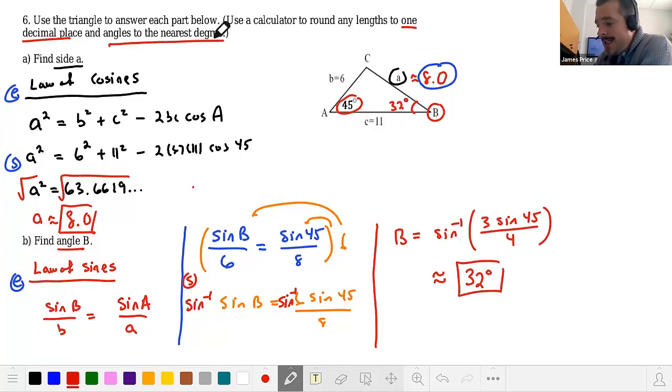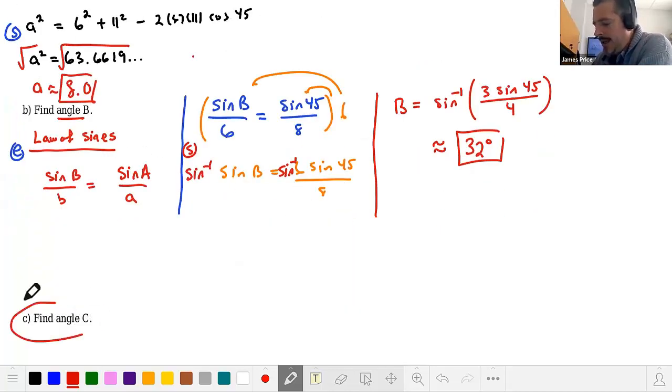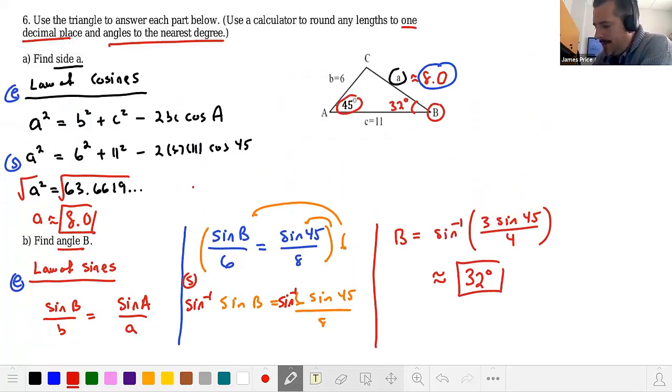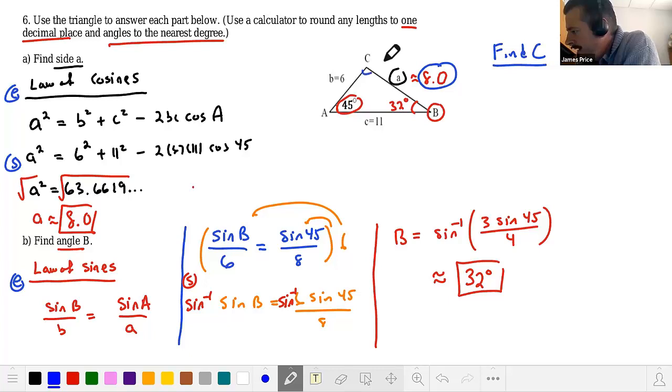And then finally, to find our last part, which is angle C, I'm going to do that up here, guys, so we can kind of keep the picture on there. So to find C, you're going to find that angle there. Remember, if you add up all the angles, they add to 180 degrees. So show a little bit of work. So 180 is equal to C plus 45 plus 32. And again, you can use the rounded number. I'm fine with that.